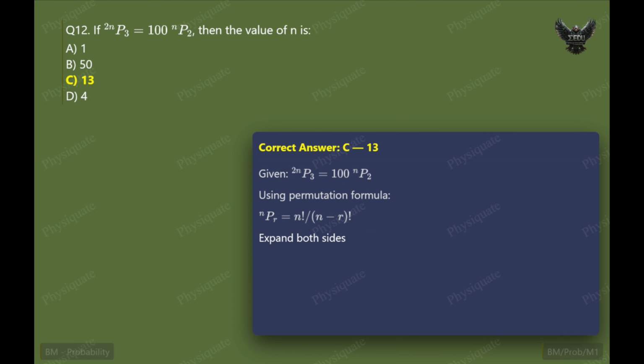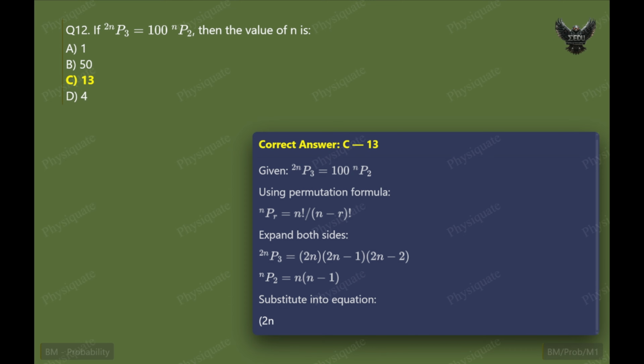Expand both sides. 2nP3 equals 2n(2n minus 1)(2n minus 2). nP2 equals n(n minus 1). Substitute into equation: 2n(2n minus 1)(2n minus 2) equals 100 times n(n minus 1).